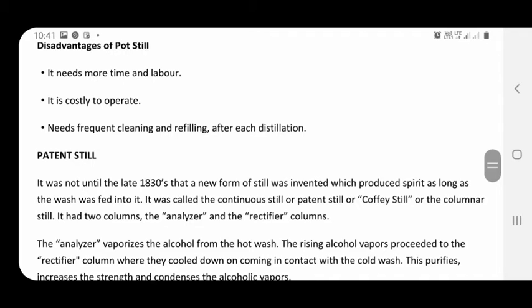The rising alcohol vapor proceeds to the rectifier column, where it cools down on coming in contact with the cold wash. This purifies, increases the strength and condenses the alcoholic vapor. This process produces a lighter style of spirits, light body spirits.